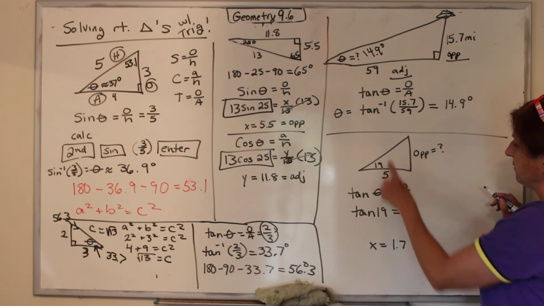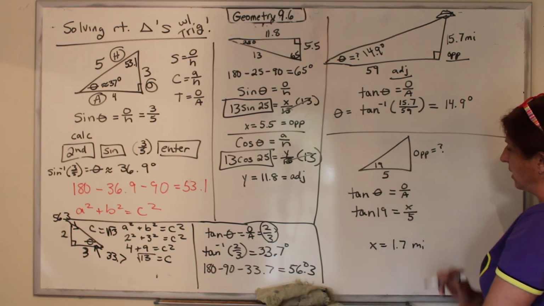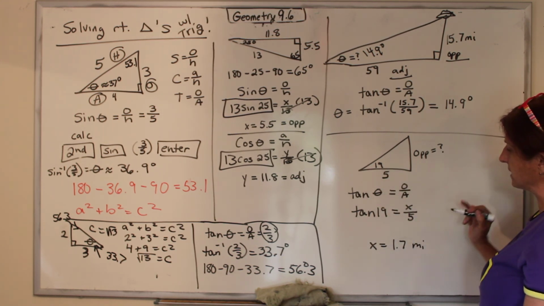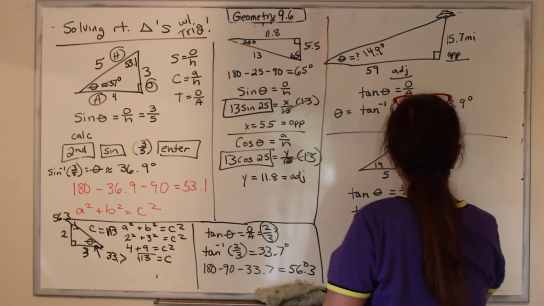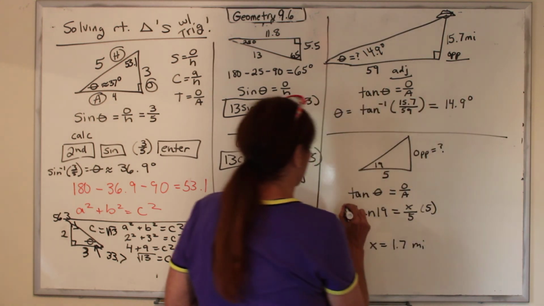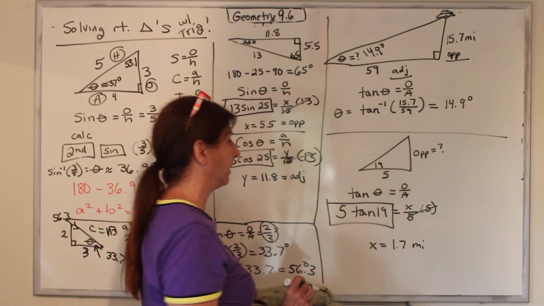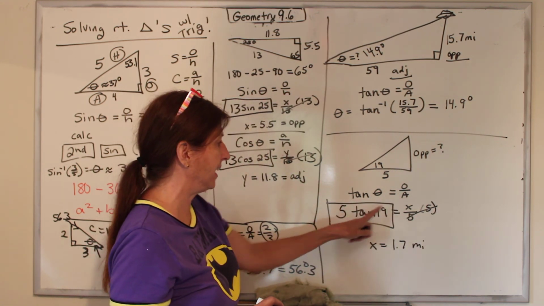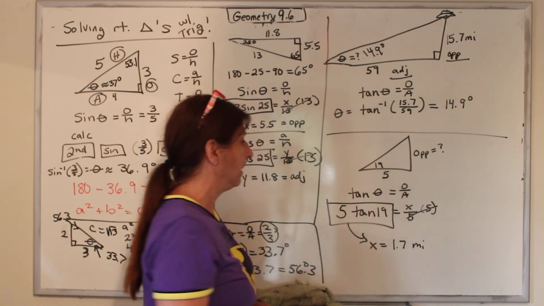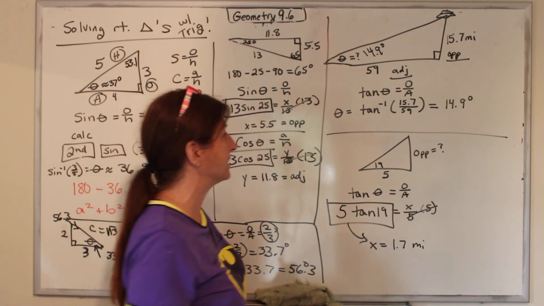So the tangent of 19 is x over 5. So why is x not alone? Because it's being divided by 5. So we multiply by 5. What we do to one side, we do to the other. Put it in your calculator exactly like that, 5 tan 19. And you will see that the space shuttle is 1.7 miles up.